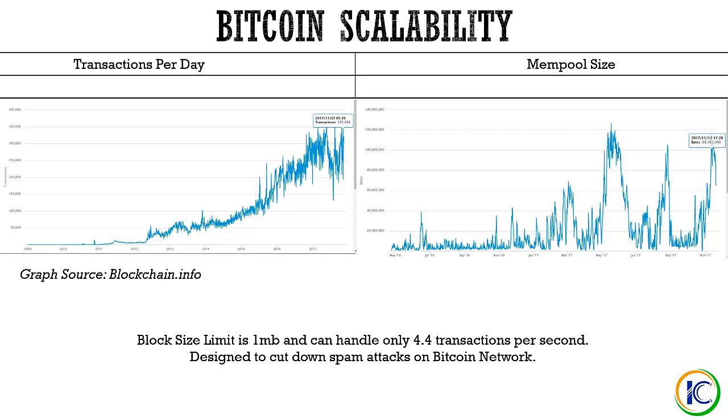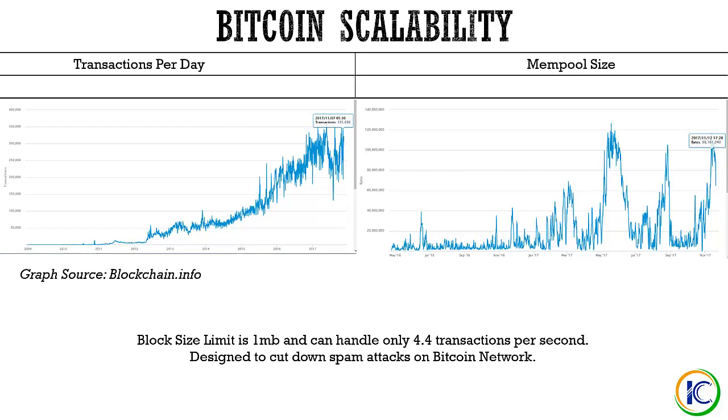Now you can see here, the blocks of Bitcoin are also getting filled as the years pass by, because the transactions are increasing, more and more transactions are filling that 1 megabyte space that Bitcoin was designed on.